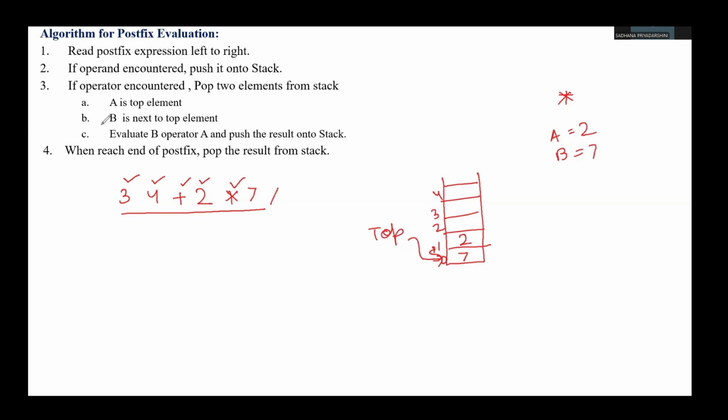Once we pop the values, top points to minus 1 again. B operator A means B multiplication A, which is 7 into 2, that is 14. We push the result 14 onto the stack, and then top points to this value.